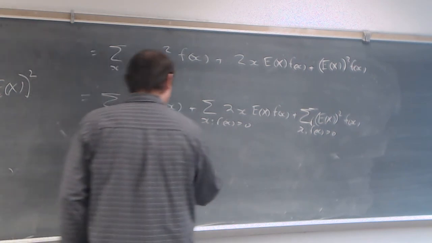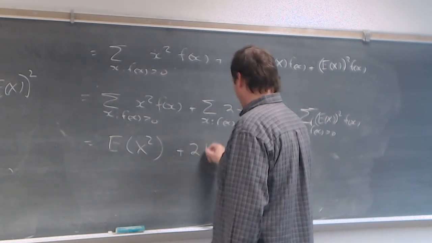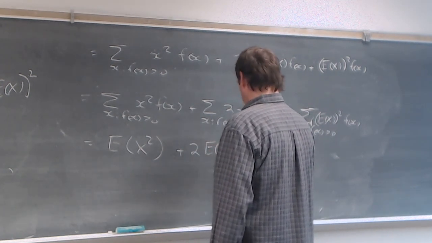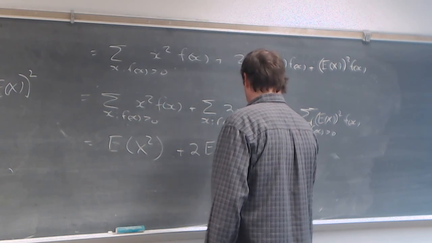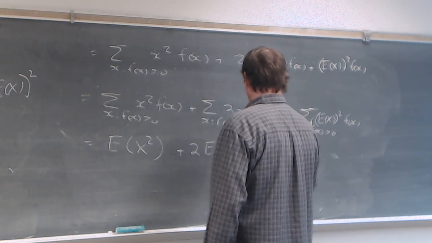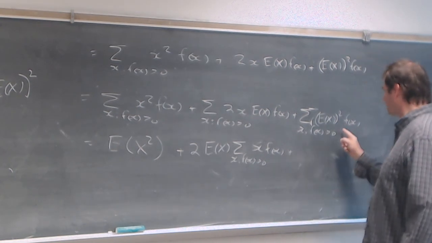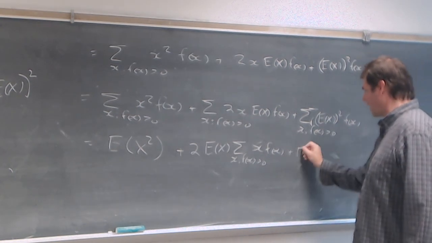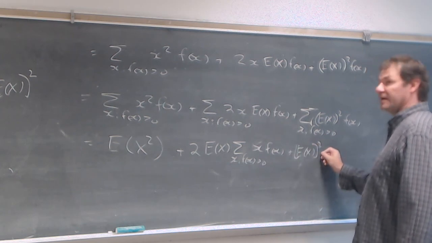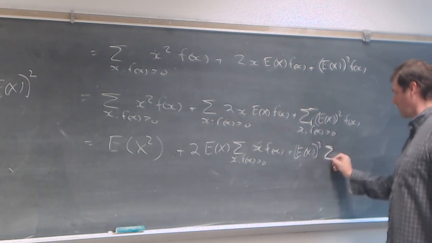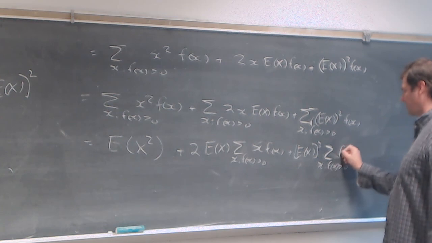Plus, here the 2 and the expected value of x are constant, so we pull them out of the sum. This is x times f of x. And plus here, the expected value of x, quantity squared, is a constant, so I pull this out. And then this is a sum over all x values such that f of x is greater than 0 of just f of x.